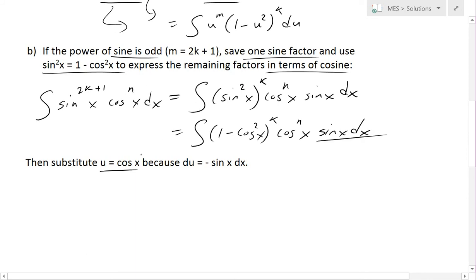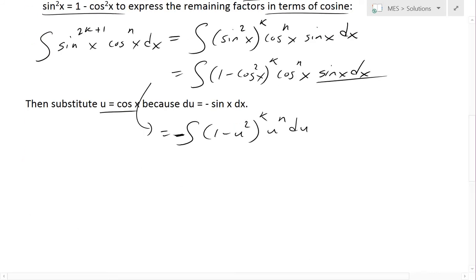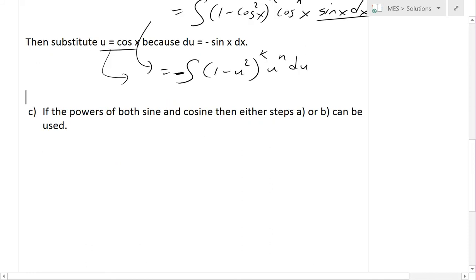So this part equals the integral of 1 minus u squared to the power of k times u to the n, du, with a negative sign on the whole function. Then we evaluate this integral and substitute back.